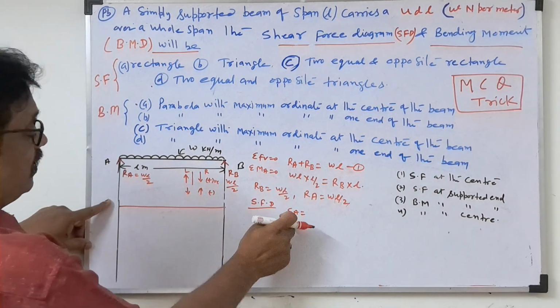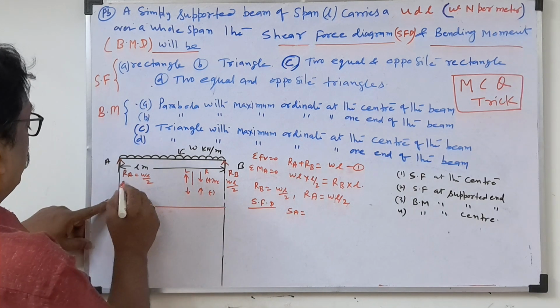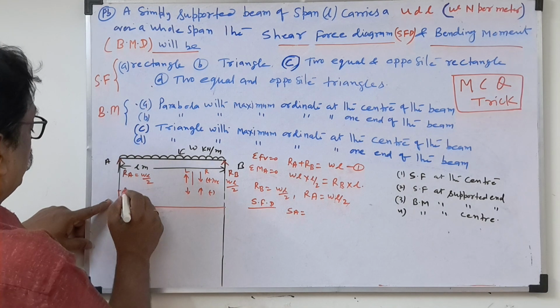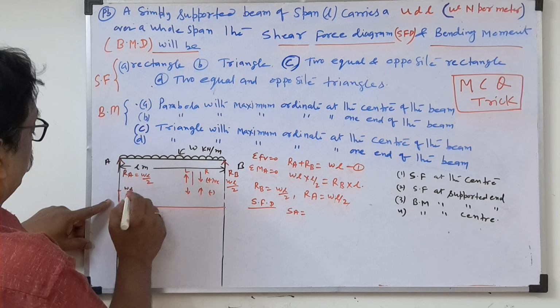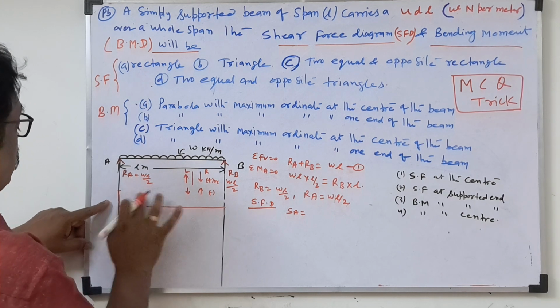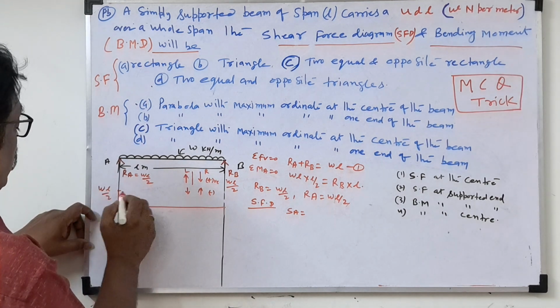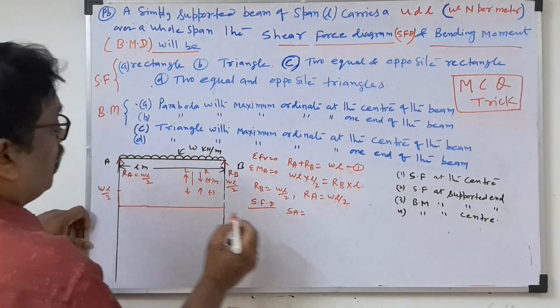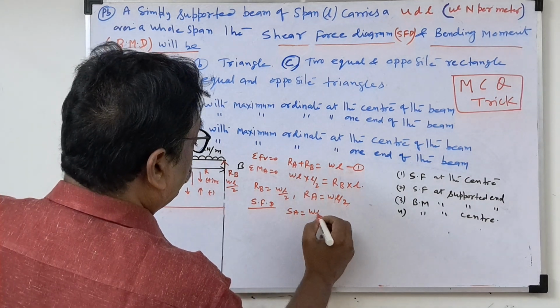On the left side, SA will be WL by 2. There is nothing on the right side. So SA is equal to WL by 2.